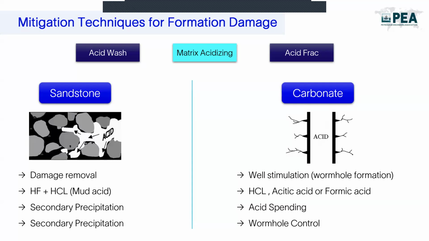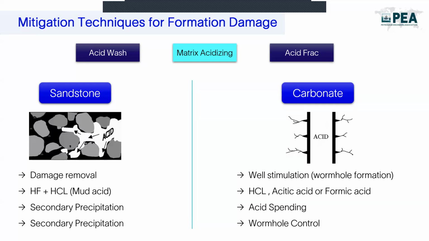Starting with the sandstone formations, as you know, the mineral composition of sandstone is primarily quartz, which is silica, grains with varying amounts of feldspar and clay minerals like kaolinite, illite, and chlorite.